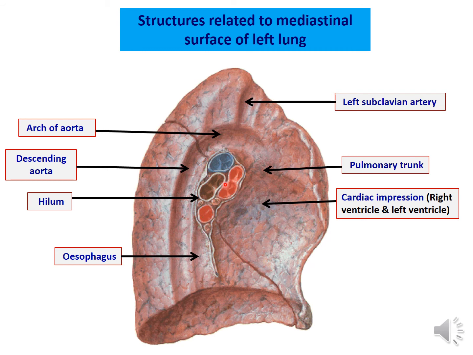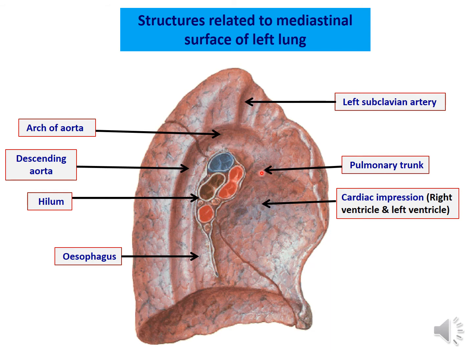Next, above the hilum, in continuation with the impression of the arch of aorta, you can see the impression of the left subclavian artery. And just in front and in the upper part you can see the pulmonary trunk impression.